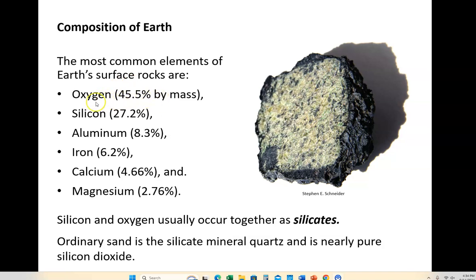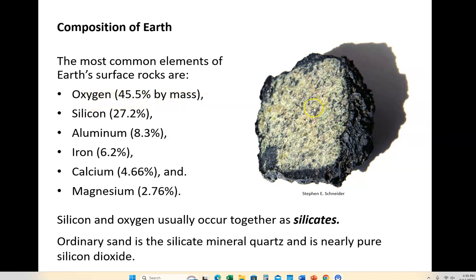It turns out that rocks are mostly oxygen, right? I'm talking about the solid material. Obviously, the oxygen we normally think of is in the atmosphere, the 21% of our atmosphere that is breathable oxygen, O2 molecules.